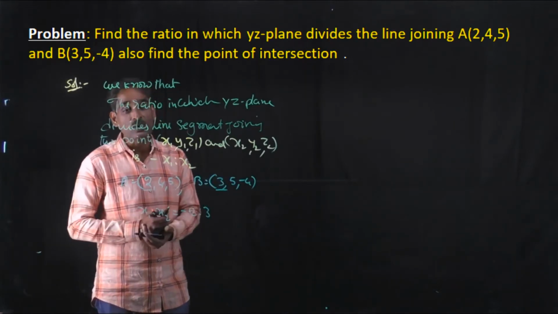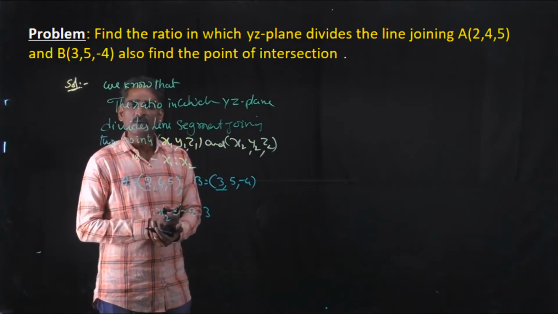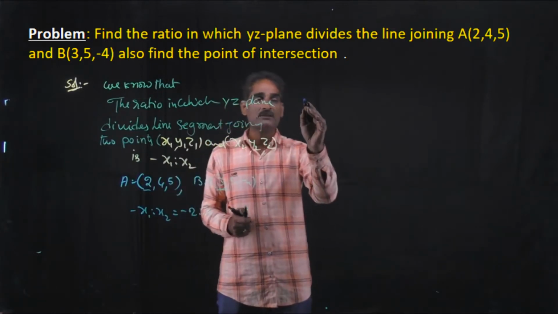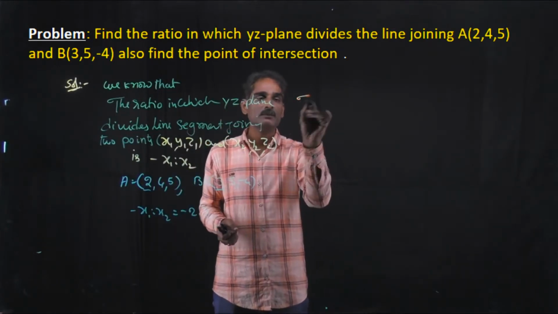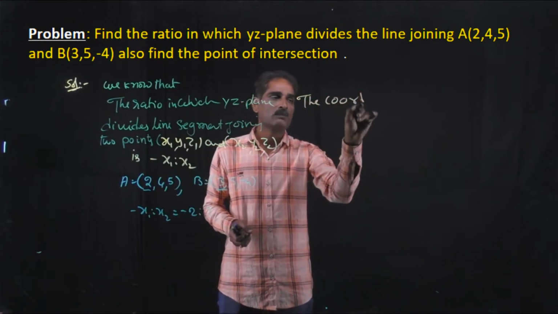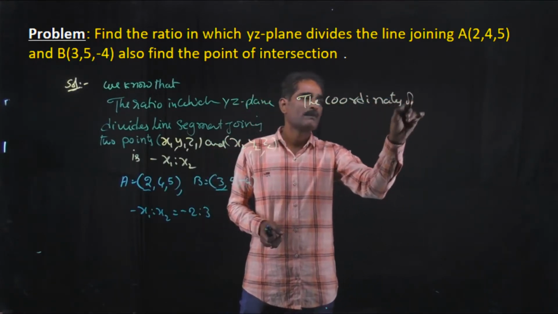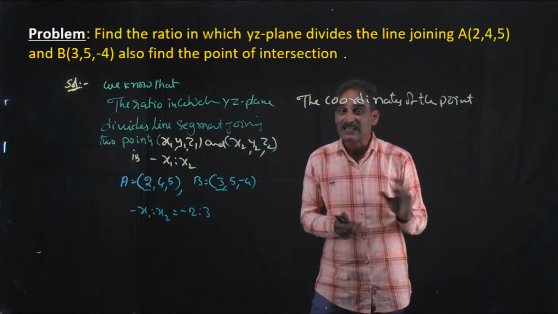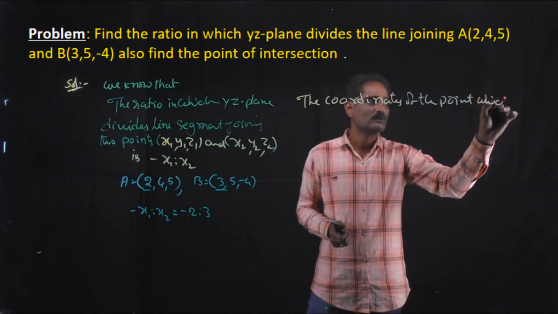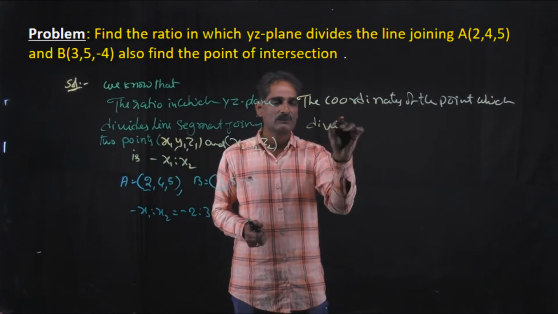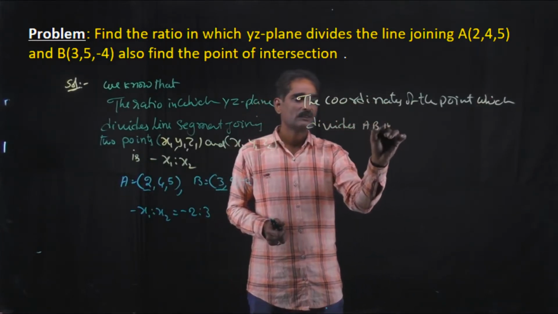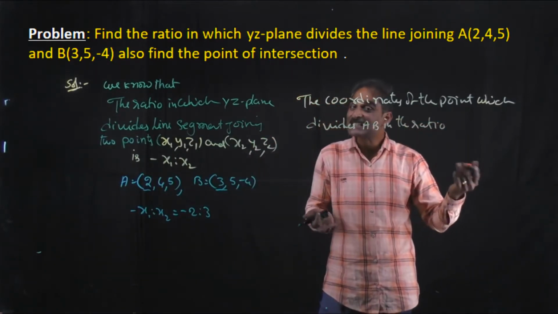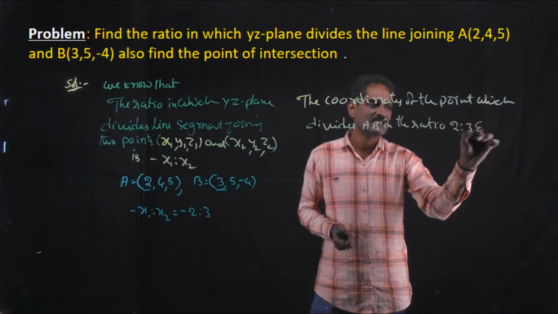Here we have to find the coordinates of the point. So we can use the section formula to find the coordinates of the point. The coordinates of the point which divides AB in the ratio 2 is to 3 externally.